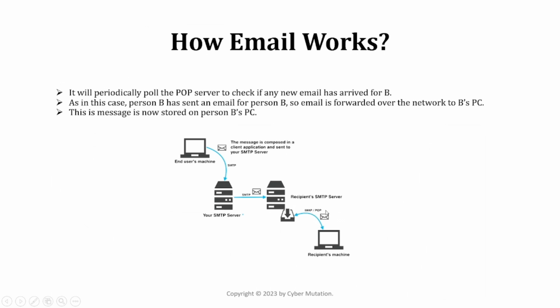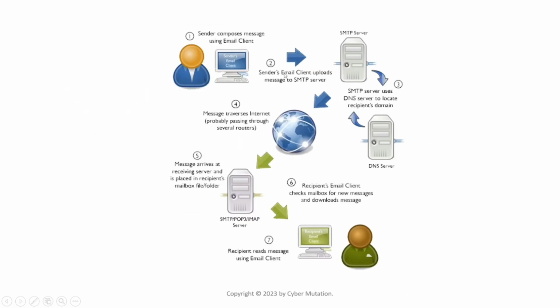And right now we are using the POP3 protocol in the industry and real world. So in this scenario, you write an email, it goes to the SMTP server, then the SMTP server finds the address from a DNS server, and from DNS it goes again to an SMTP server, and from there the recipient receives the email.